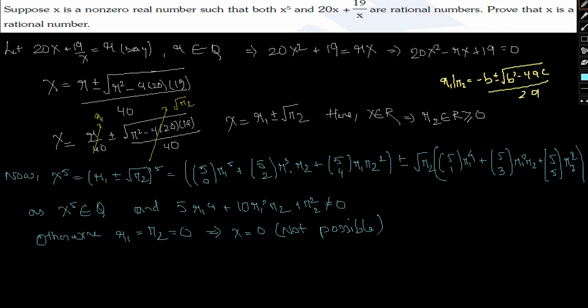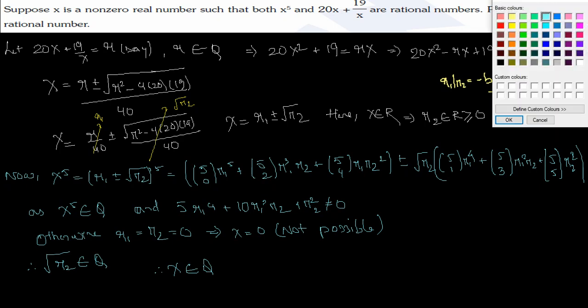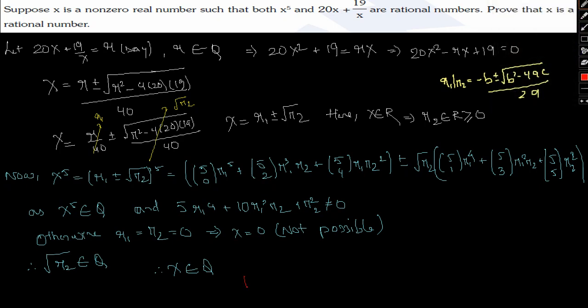Therefore our assumption comes out to be wrong, and root r2 is an element of rational numbers. So therefore x is an element of rational numbers. Hence proved.